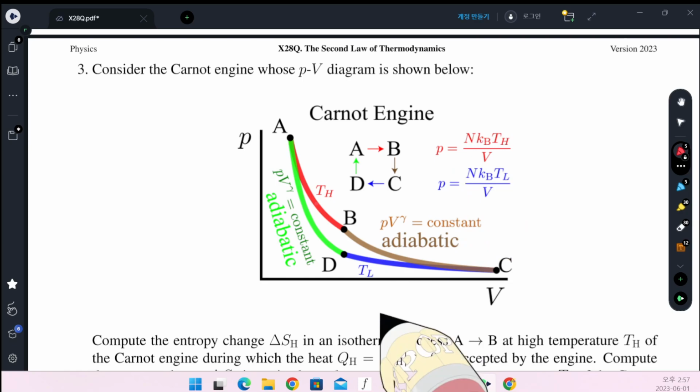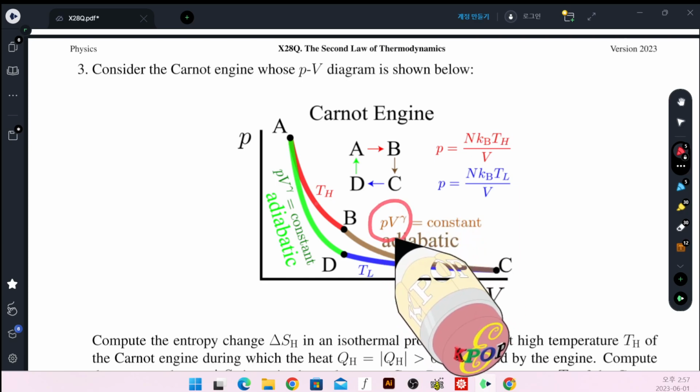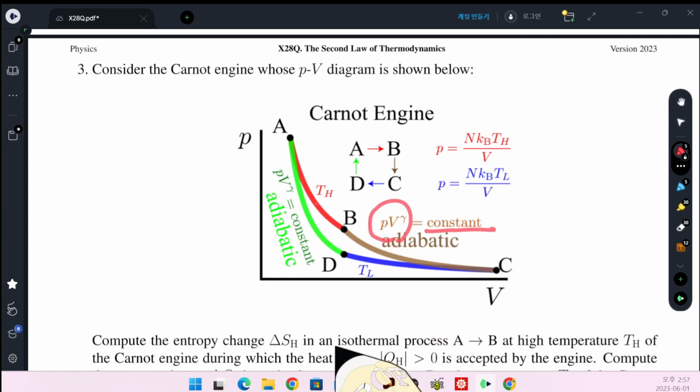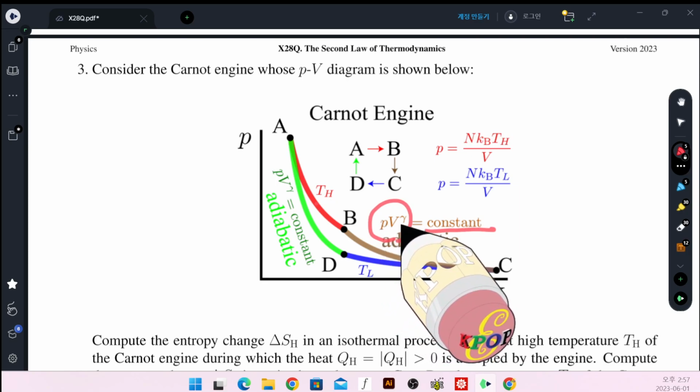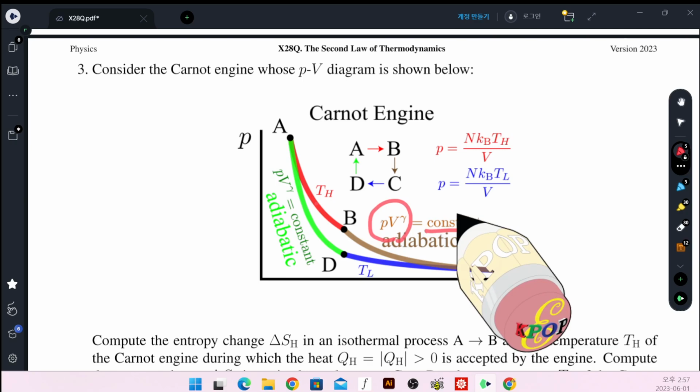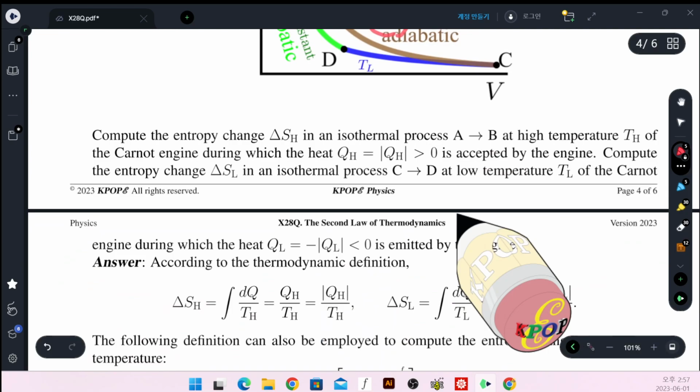And we recall that the pressure and volume have a relation as a constant when we multiply pressure by volume to the power of gamma. That is Cp over Cv.